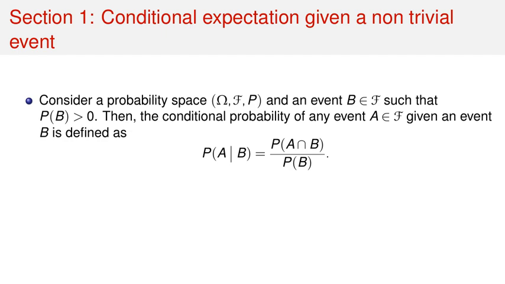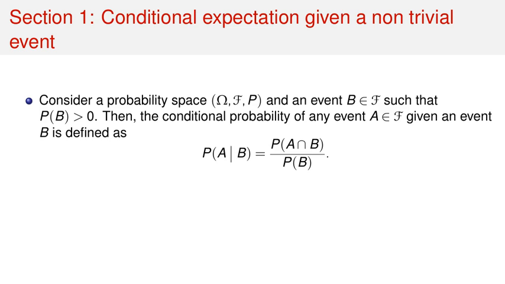First, consider a probability space which we denote omega, script f, p, and let's take an event b within our sigma algebra script f such that its probability p of b is greater than 0.